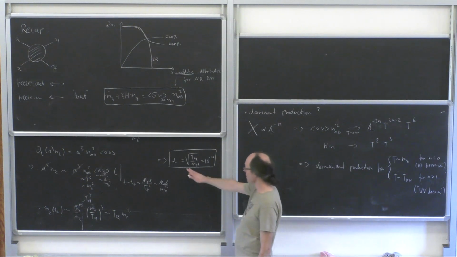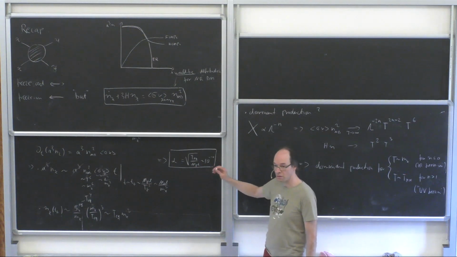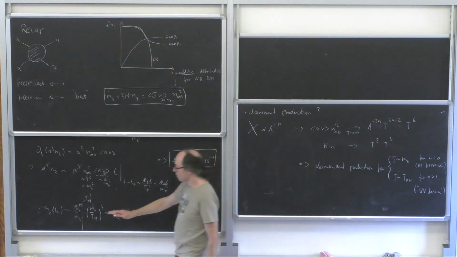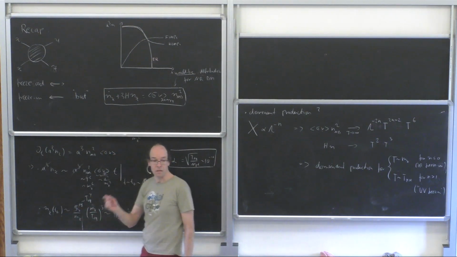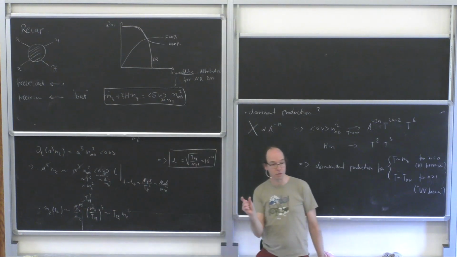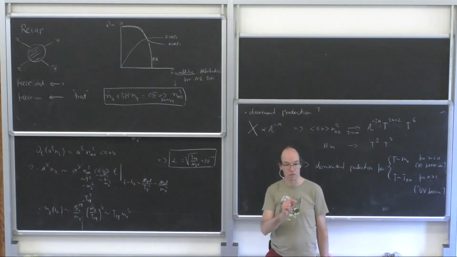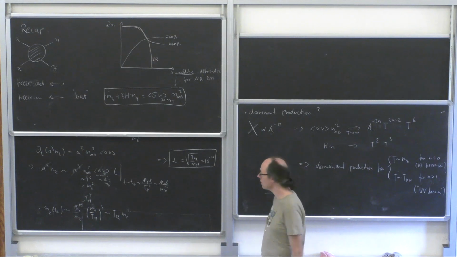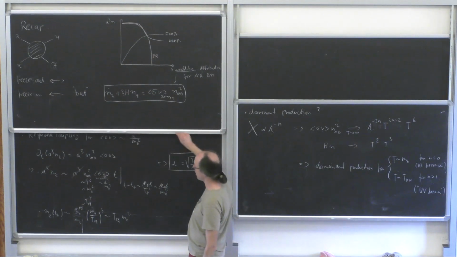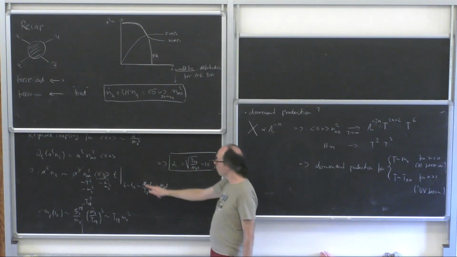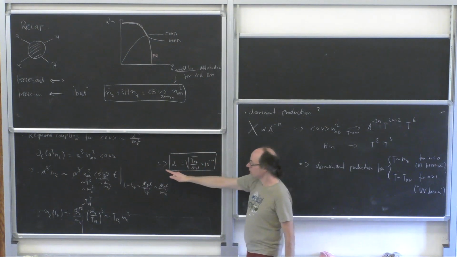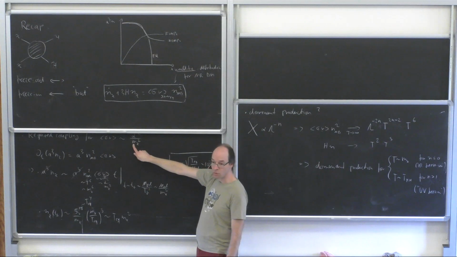So in the case of freeze-out, the requirement to get the correct relic density fixed the cross-section to be of a fixed value. So that was, for example, the electroweak cross-section. And then we said that it actually fixes the ratio of alpha by m. While for freeze-in, the mass dependence drops out.